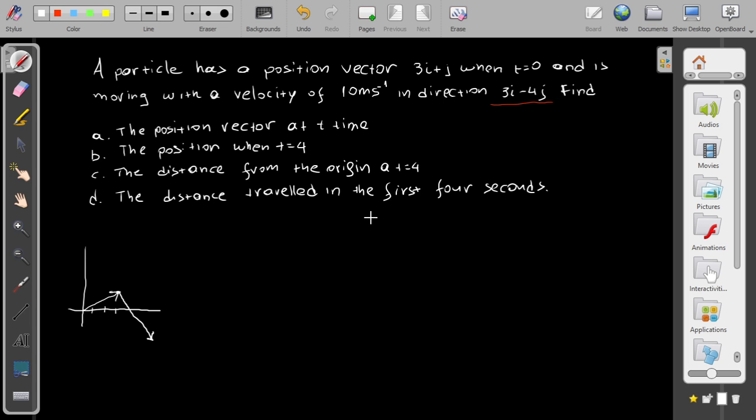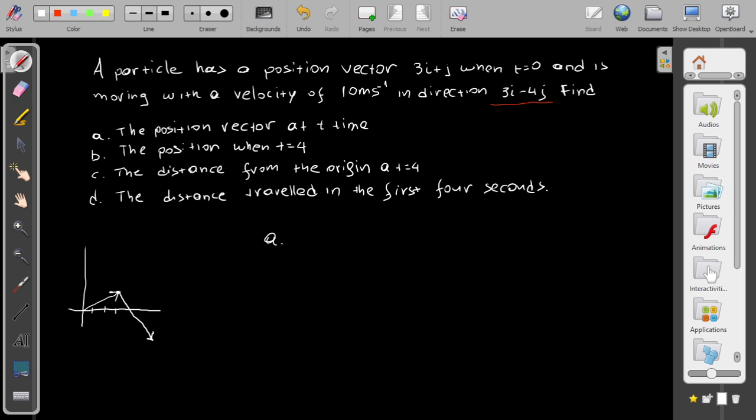So the first question asks for the position vector at t time. Now you have to understand that they ask me to write a position vector of that particle knowing that the velocity is 10 meters per second.